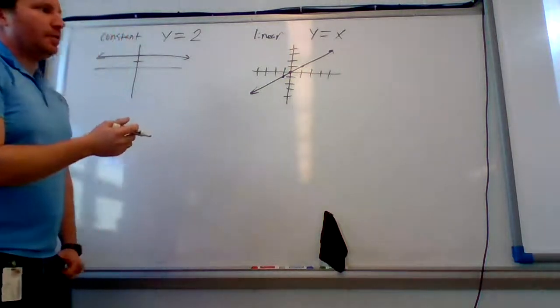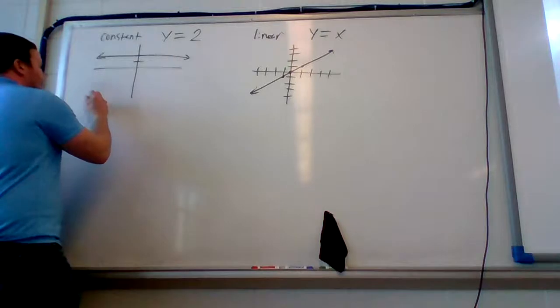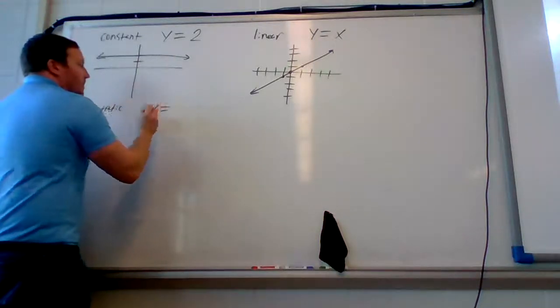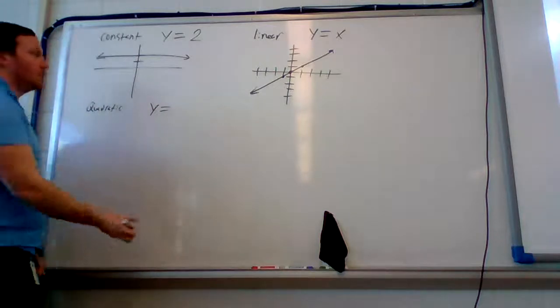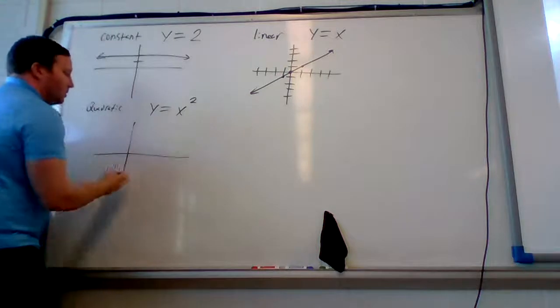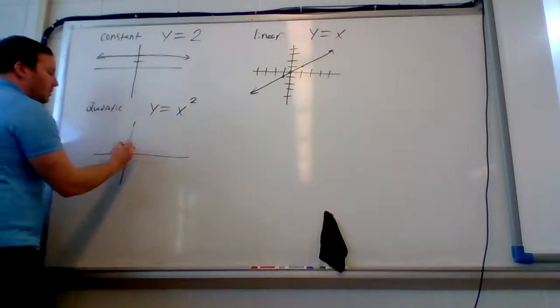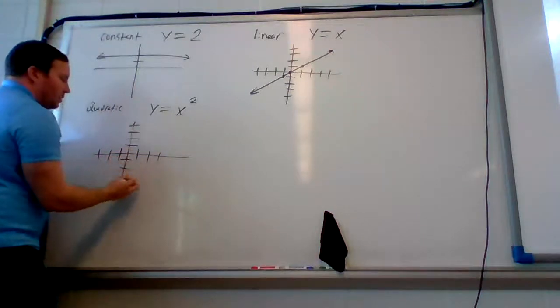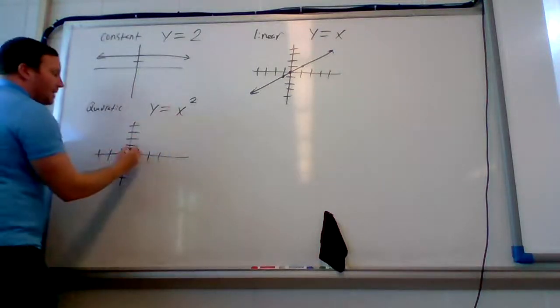Our third function is our quadratic. Its parent function, a degree of 2. So that means we just have x squared. Its shape is going to be U-shaped. So again, if I plug in 0 for x, I get 0 for my y.